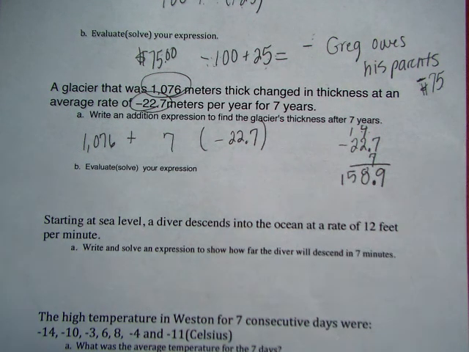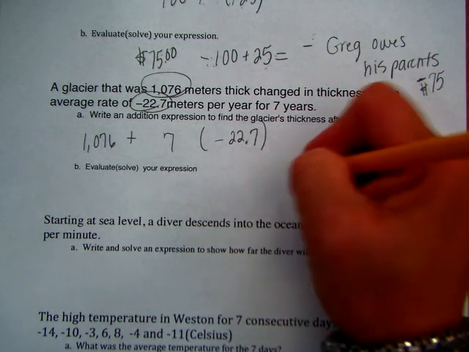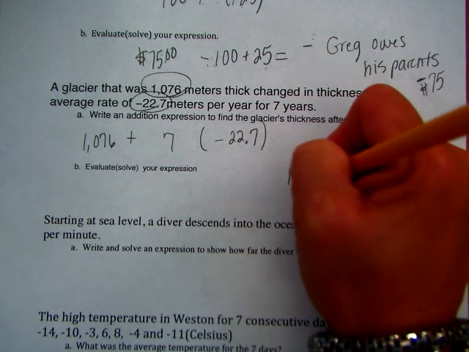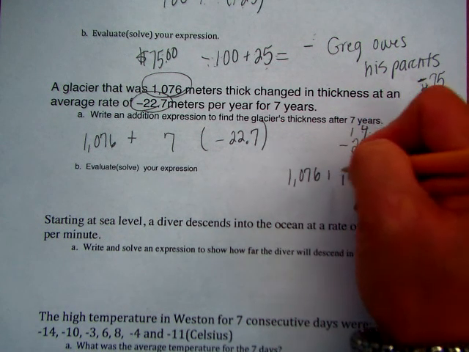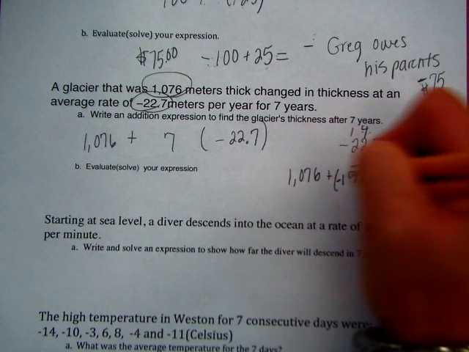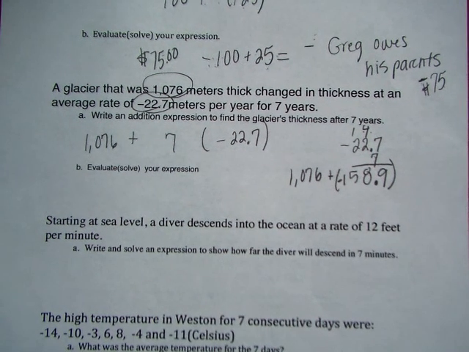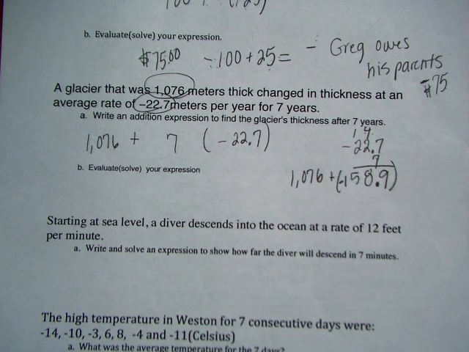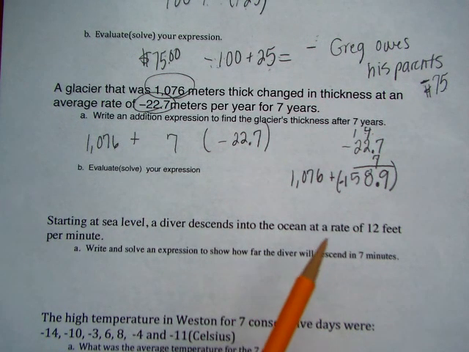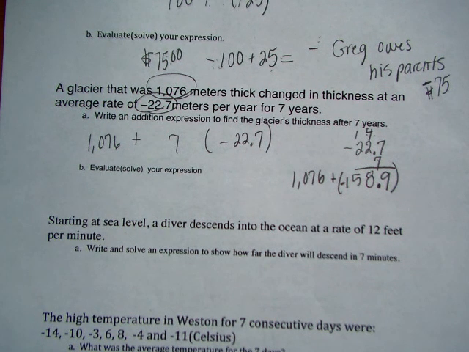So it's 158.9. So now I have 1,076 plus a negative 158.9. So really I have 1,076 minus 158.9.